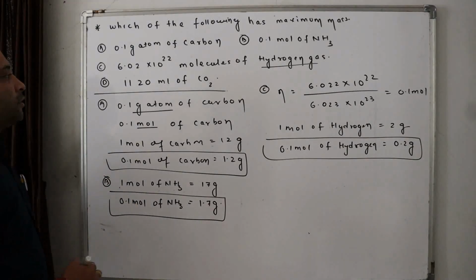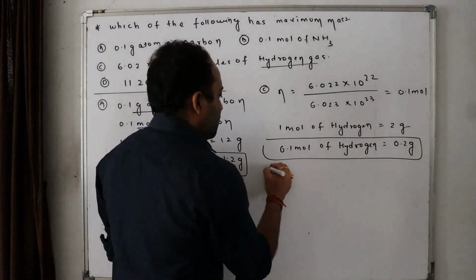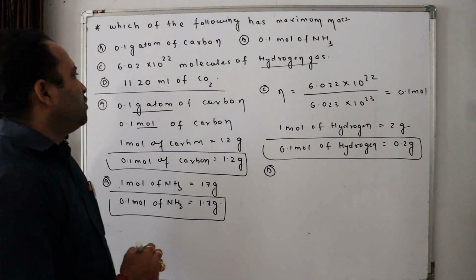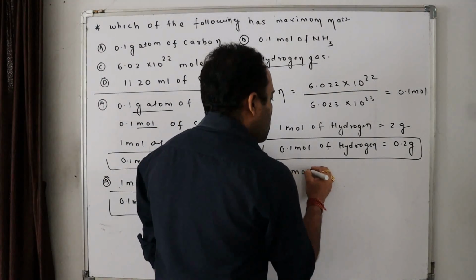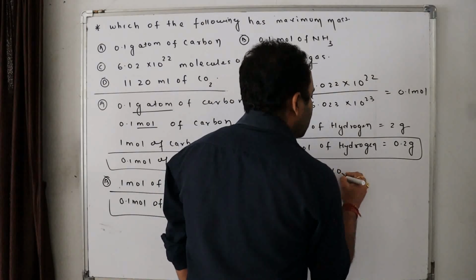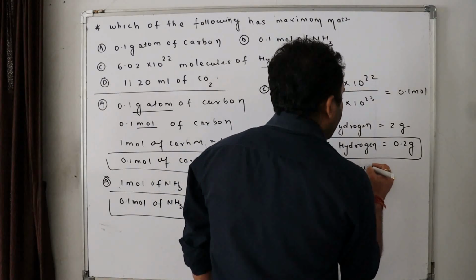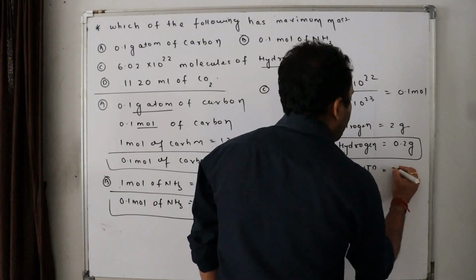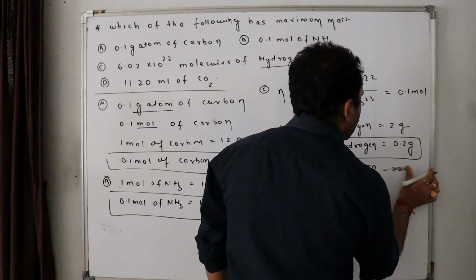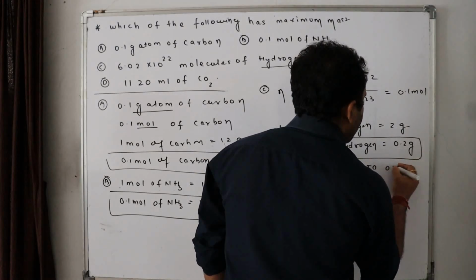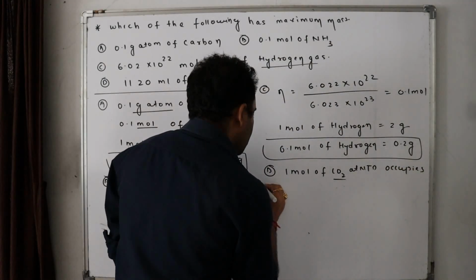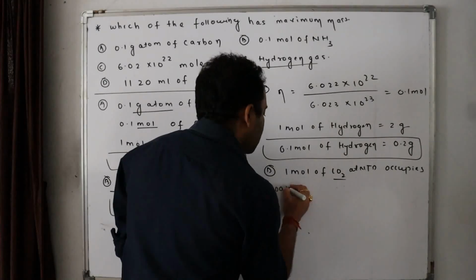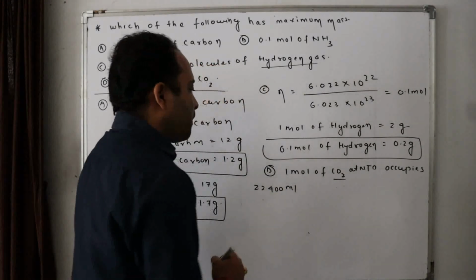Now, fourth option. D. 1120 ml of CO2. We know that 1 mole of CO2 at NTP, as it is a gas, occupies 22400 ml, isn't it?